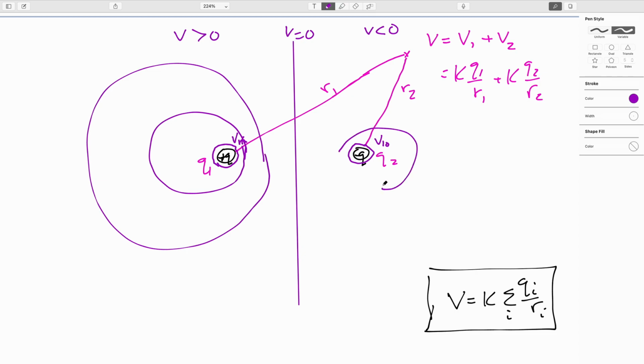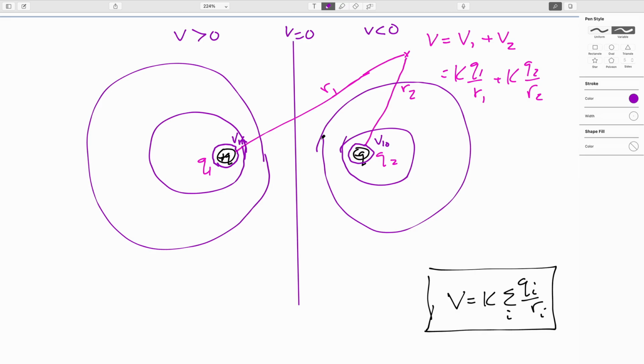Not really an egg, I guess, but you get the idea. Some sort of lobes like this. And these should look the same, but I'm not a good artist. So you should have sort of these symmetric lobes on each side, looking something like this.